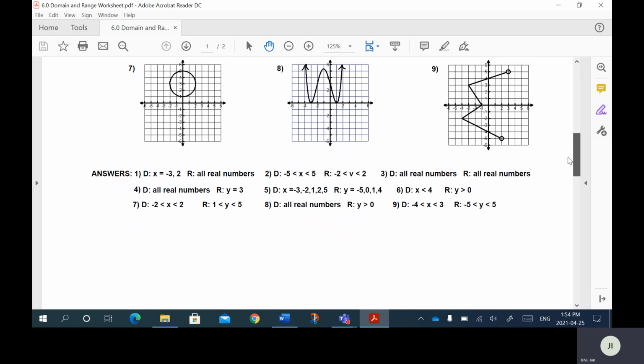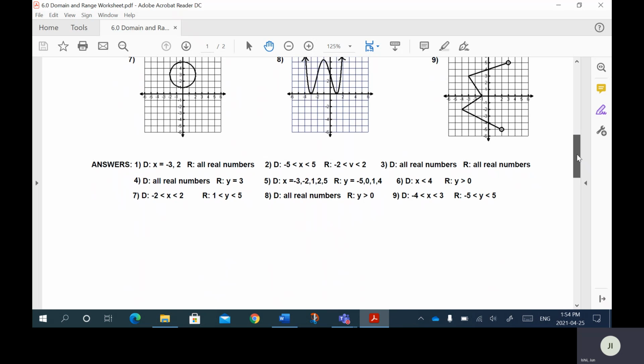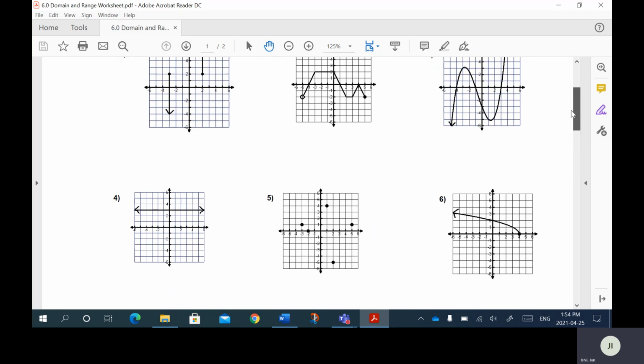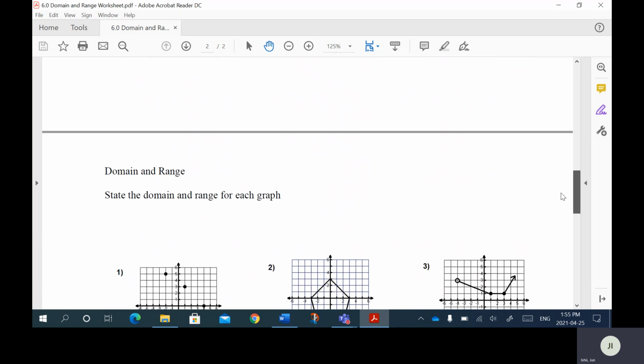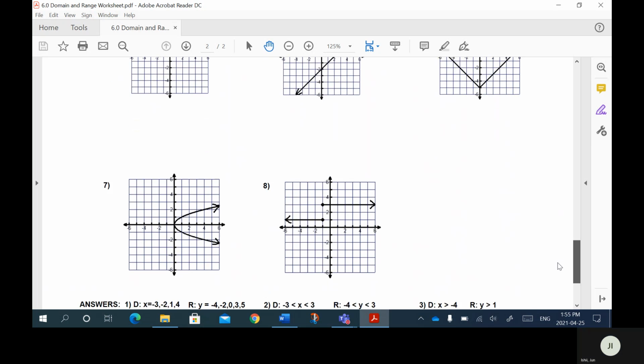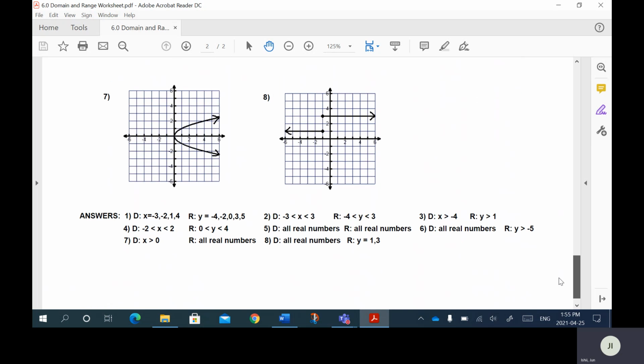However, in the answers, they're all just written as strict inequalities. It's a slight technicality. Actually, that should be a y there. But just be aware that these are all written as strict inequalities, even though some of these should be less than or equal to. So you have these 9 graphs as well as these 8, but they should be fairly quick.